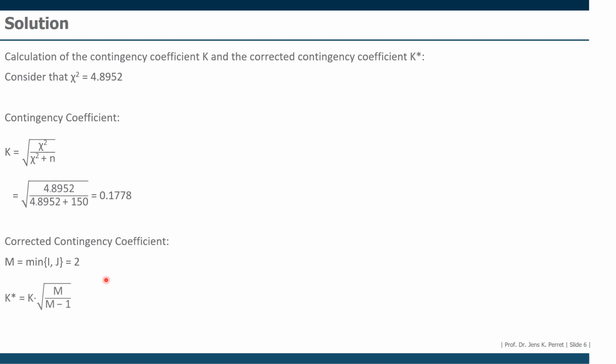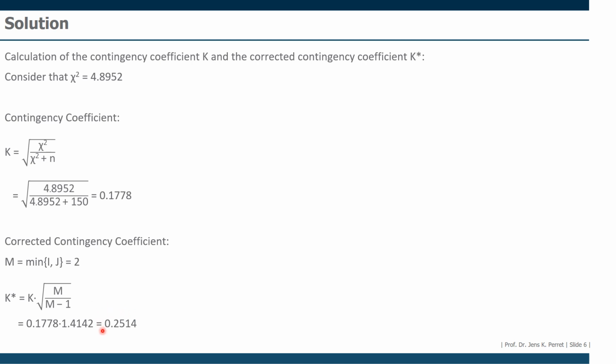Then I get this correction factor based on this m, which is just the square root of m divided by m minus 1. m is 2, so 2 divided by 1. So I have a correction factor of square root of 2 here. I'm multiplying my contingency coefficient with square root of 2, giving me an end result of 0.2514.